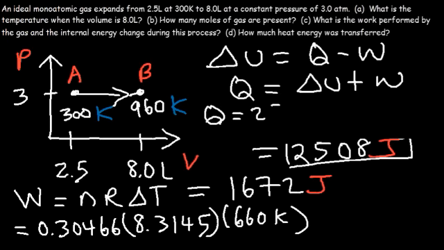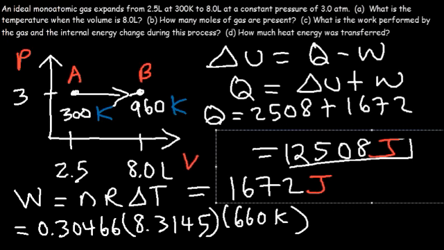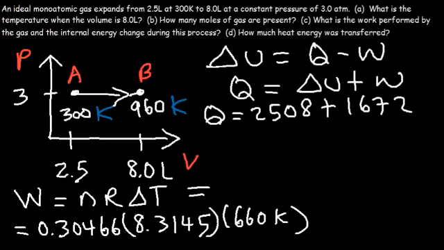Delta U is 2,508 and W is 1672. So therefore, the amount of heat transferred is about 4,180 joules.